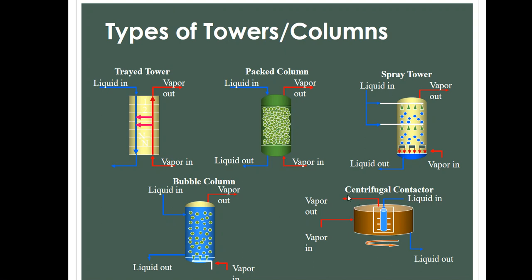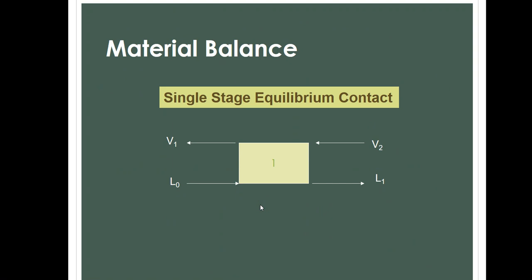But in terms of where the phases are introduced in these 5 equipment, they are all introduced in the same manner: vapor at the bottom, liquid on top of the equipment.